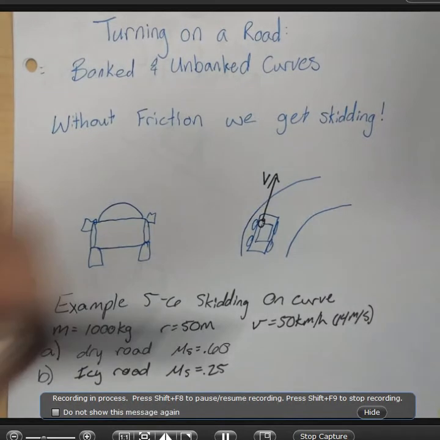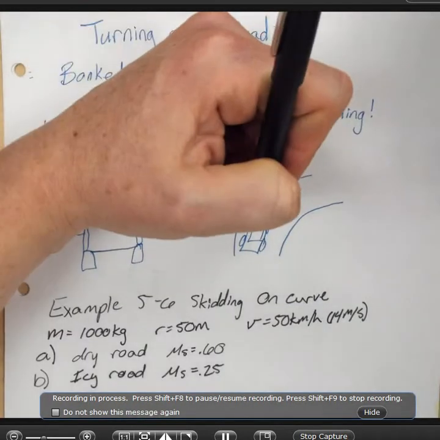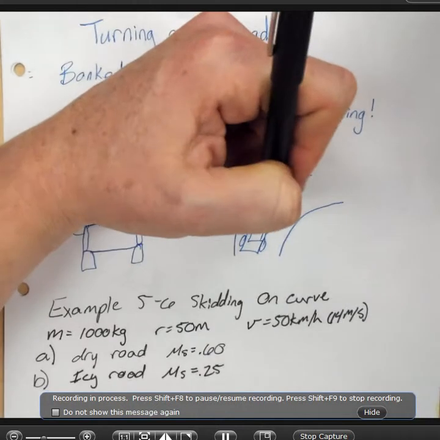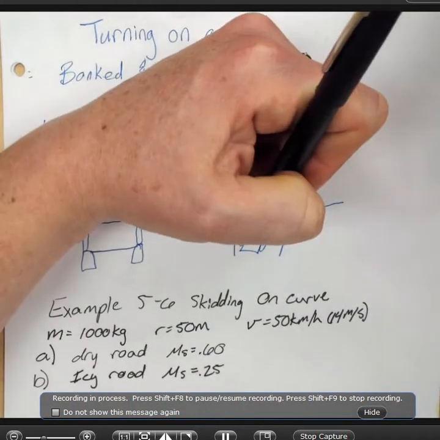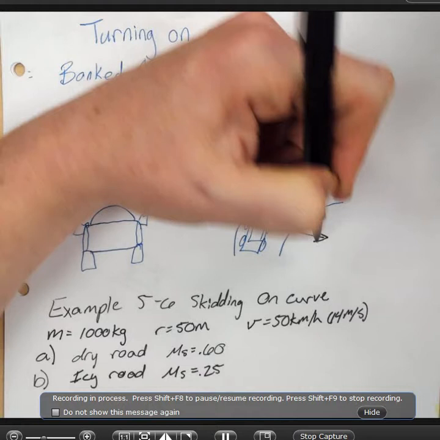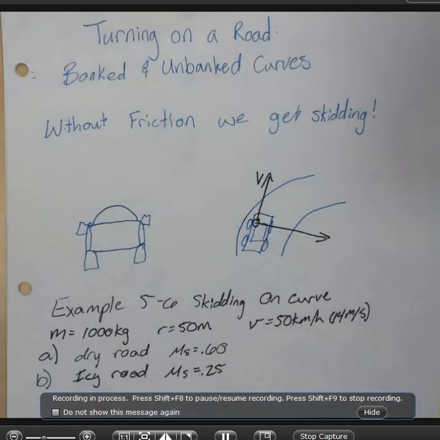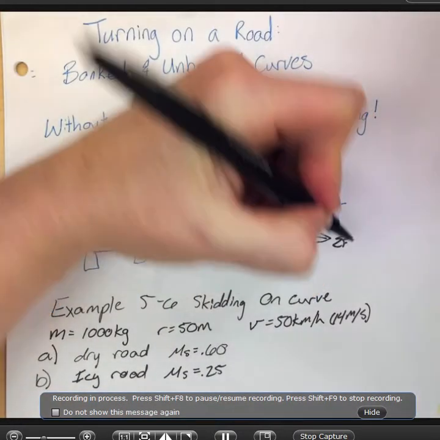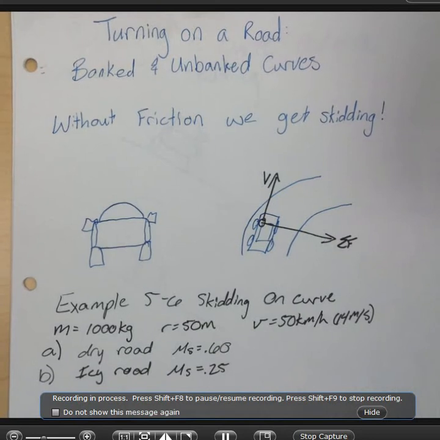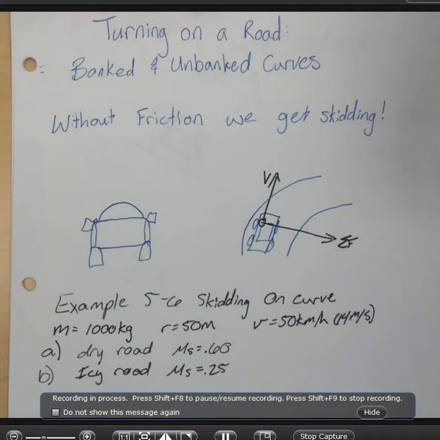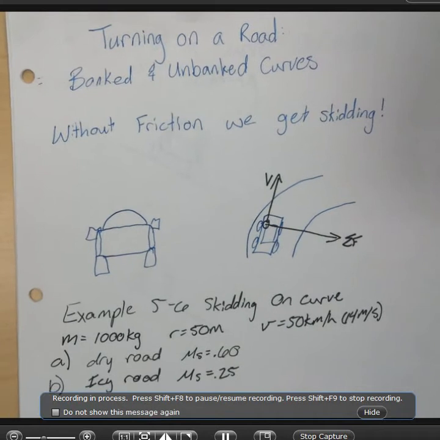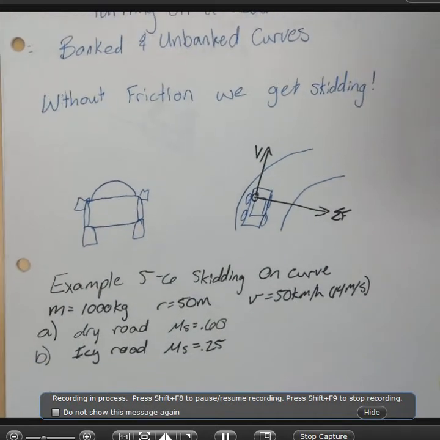However, when you turn, the car's wheels turn and they create a force toward the center of the circle. And that net force, which is caused by friction in this case, is causing you to turn. So you feel the sensation of being forced inward.